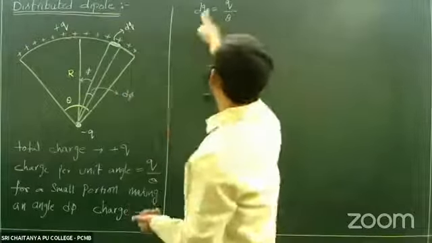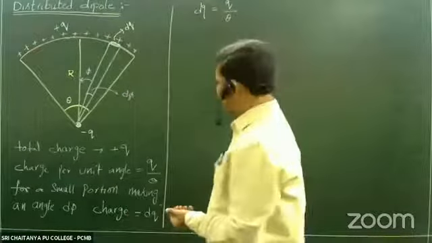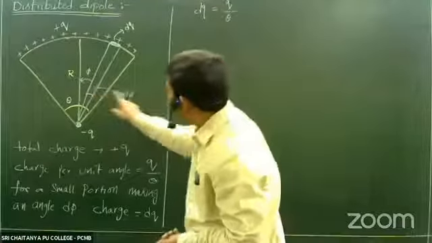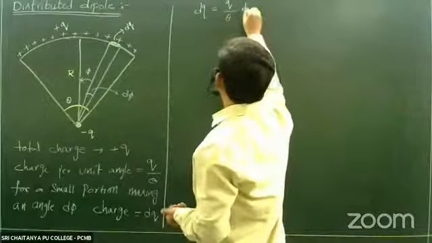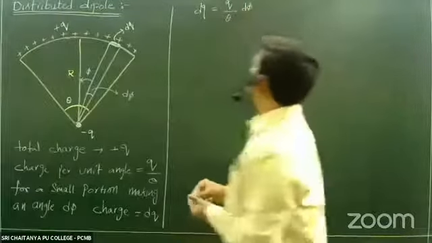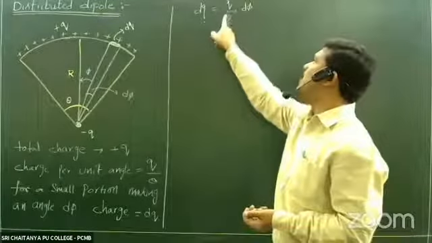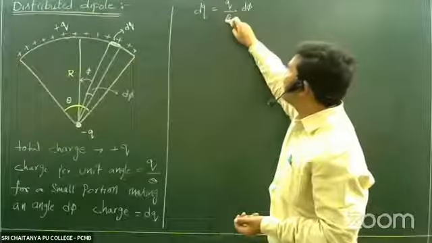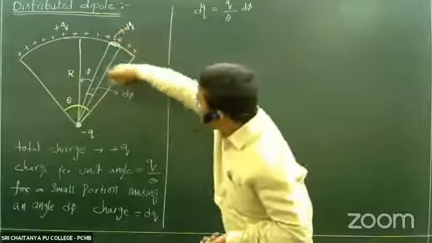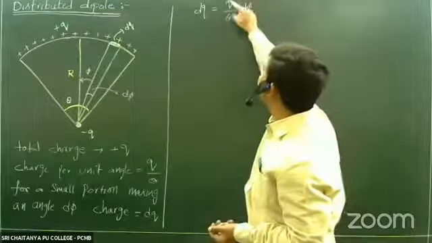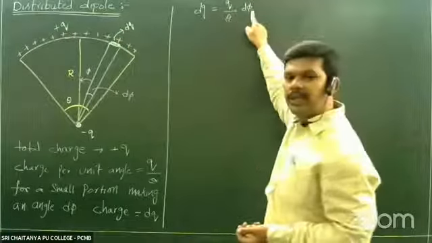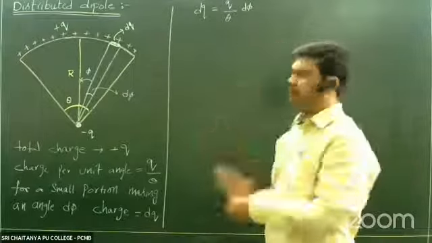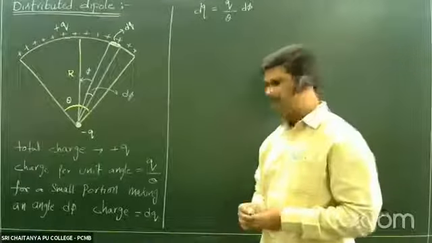So dq is equal to q by theta, which is for unit angle, into d phi. So for d phi angle, dq is q by theta into d phi. Is this point clear? If you are clear with this point, everything is okay, right?